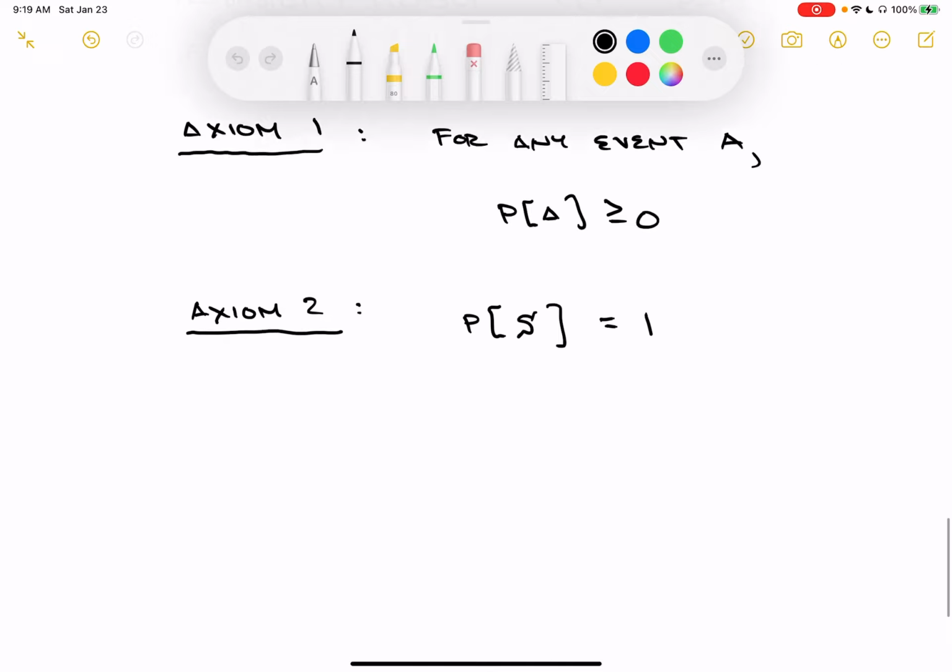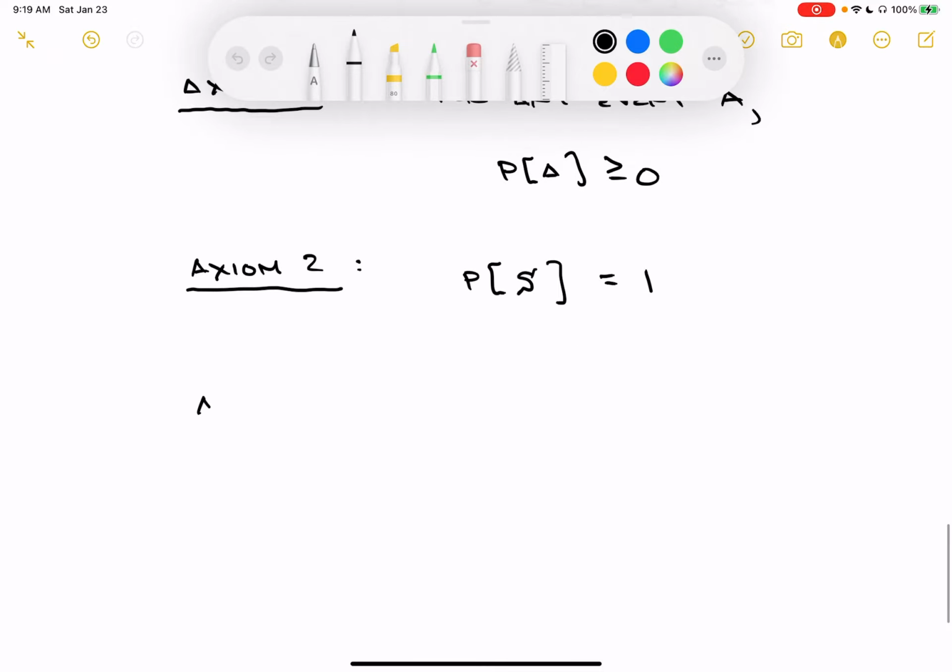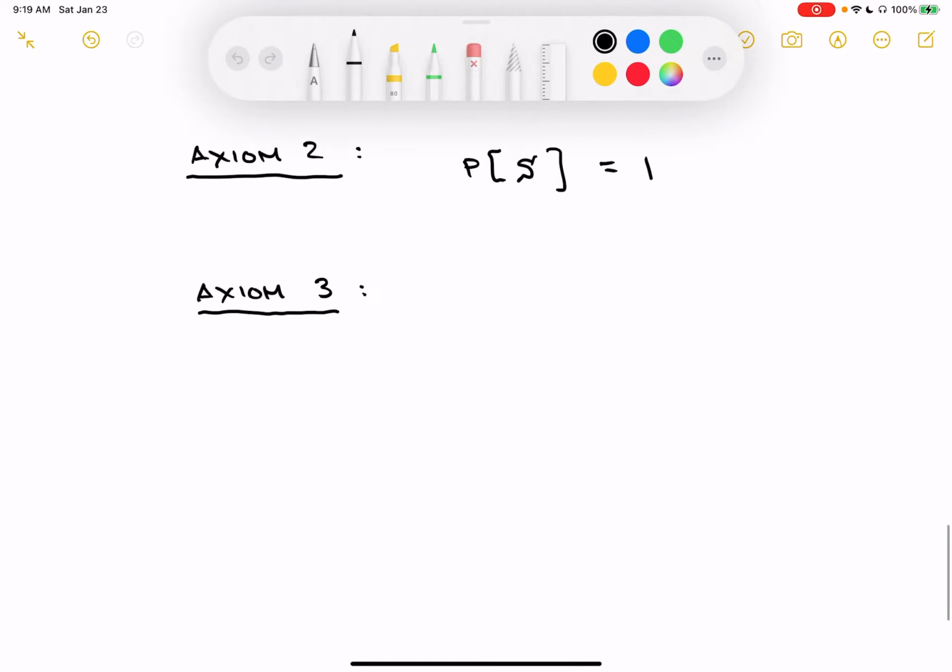Axiom 3 is where things get a little bit interesting, at least in my mind. Remember, once we have these 3 axioms, it's with just these 3 and some logical arguments that we're going to be able to develop far more sophisticated and interesting models to deal with a lot of situations that we might encounter. Axiom 3 looks something like the following, and this is where we need some of the language we developed in those earlier lectures. Countable just means we can count it. It could go out to infinity if you want.